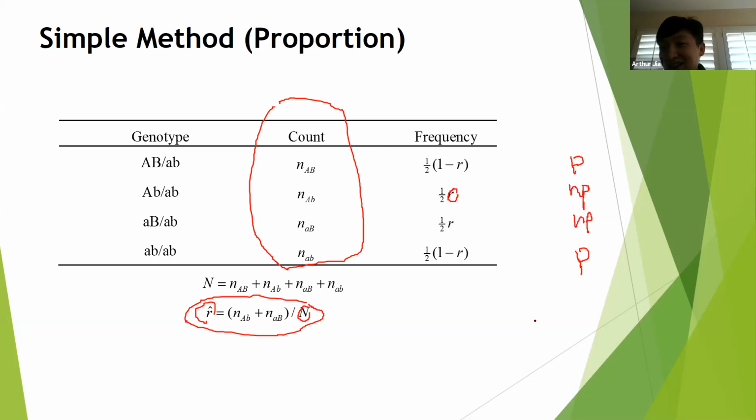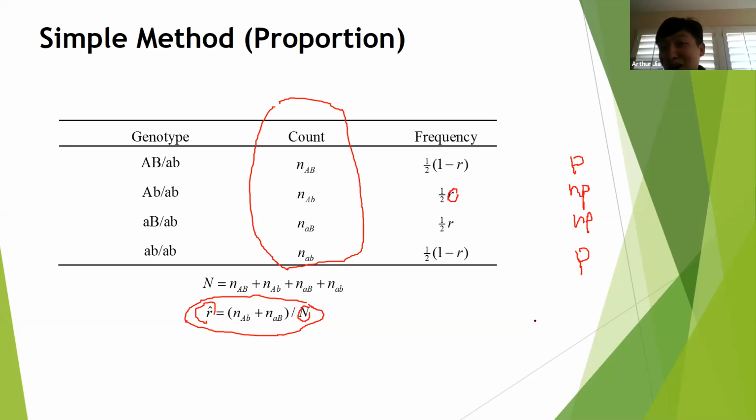This is equivalent to putting each progeny into heads or tails, because there are two categories. If you label the non-parental type as heads and the parental type as tails, that's exactly what we were doing with tossing coins.